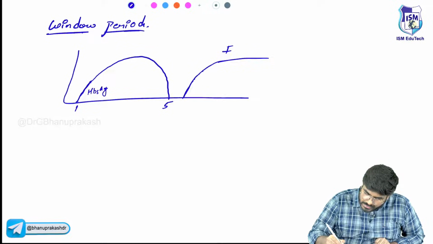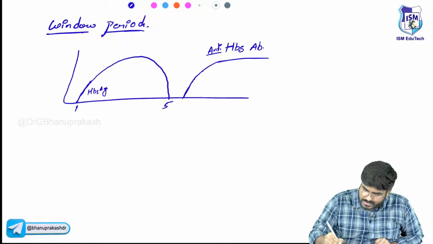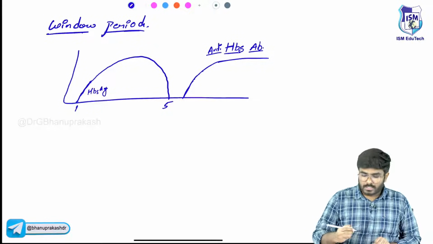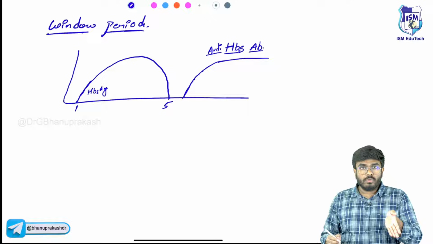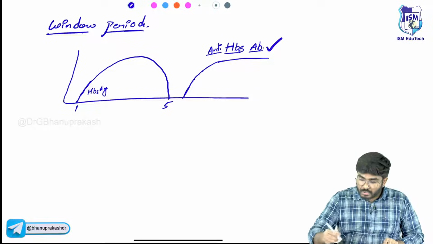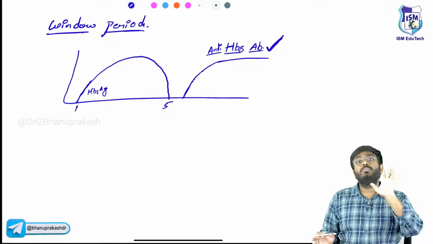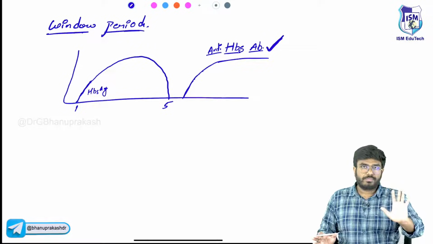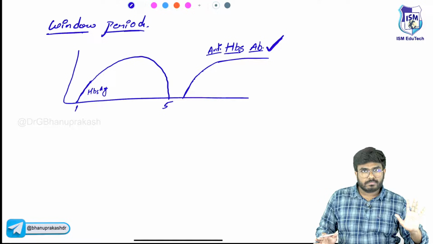These are the anti-hepatitis B surface antibodies, which are going to increase. Once you have these antibodies, it means you became immune. The infection is resolved, you became immune.